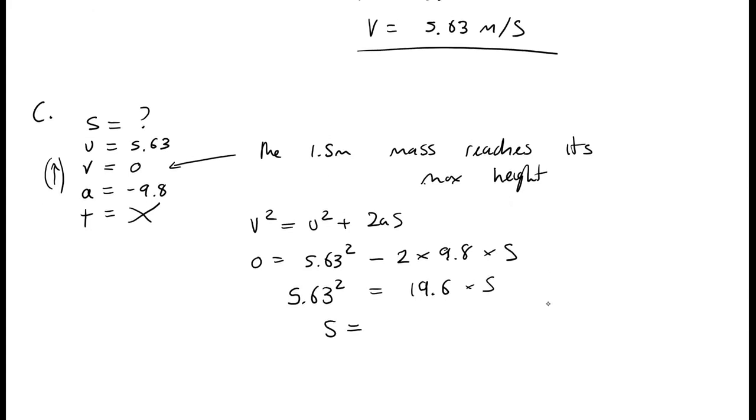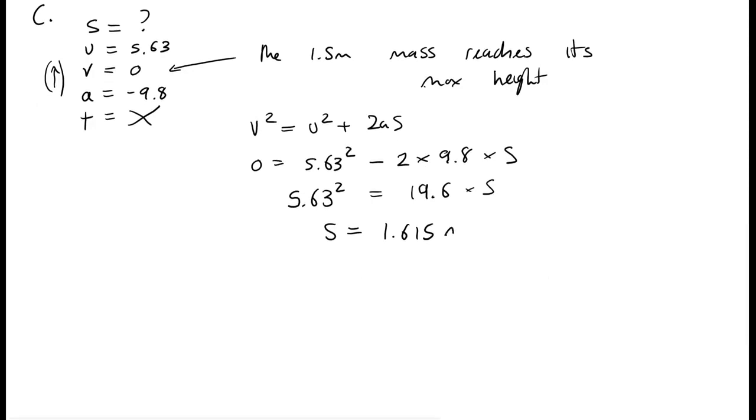Calculate s. s is equal to 1.615 meters. So in addition to being pulled up 3 meters while there's still tension in the string, i.e. while the 5 m mass falls down by 3 meters, it also travels up 1.615 meters.